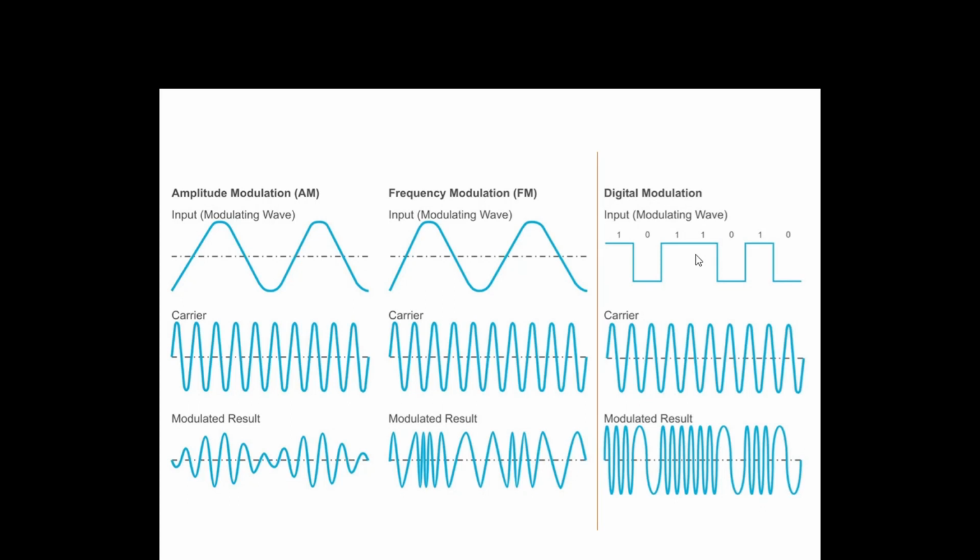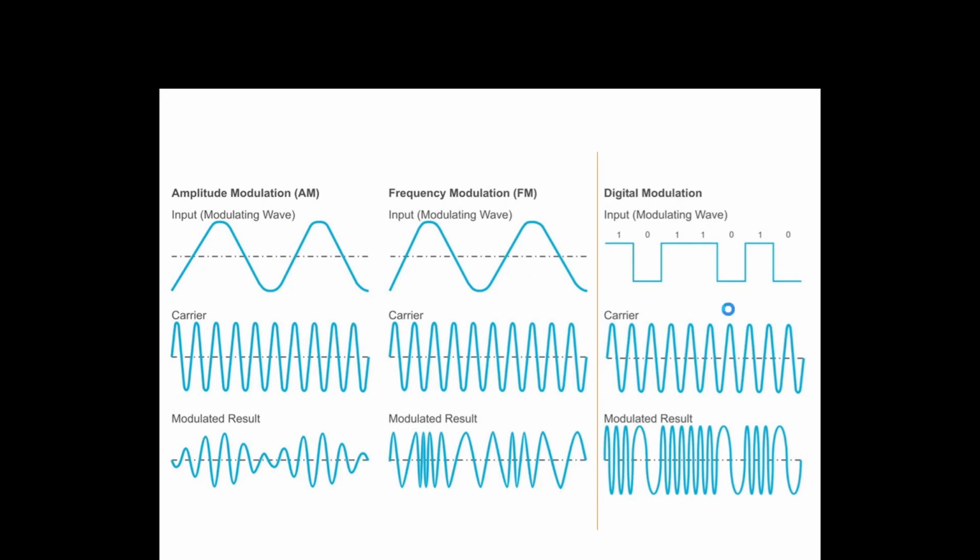We have digital data, 10111010. Here 1 is represented with the voltage high and 0 with the voltage low. We have only two different amplitudes in this digital waveform, on or off. Then the carrier is analog here.